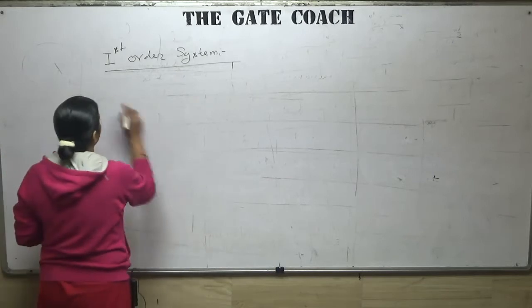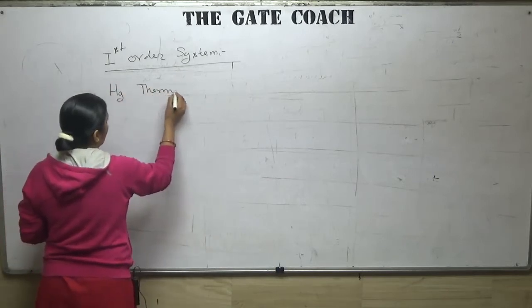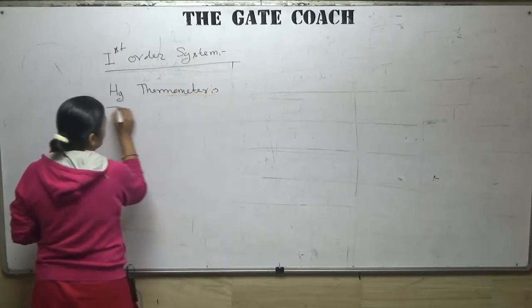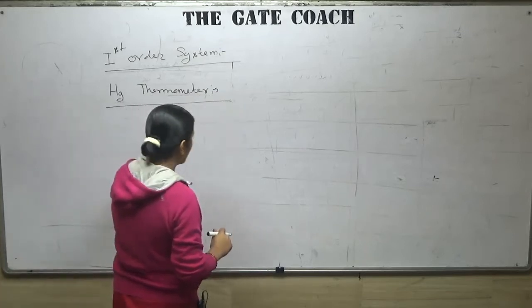Okay, let's take the mercury thermometer first because many questions have been asked from this in the last years. So we understand what the different variables are. Mercury thermometer is an example of a first order system.